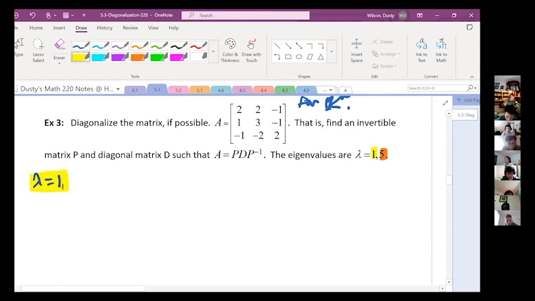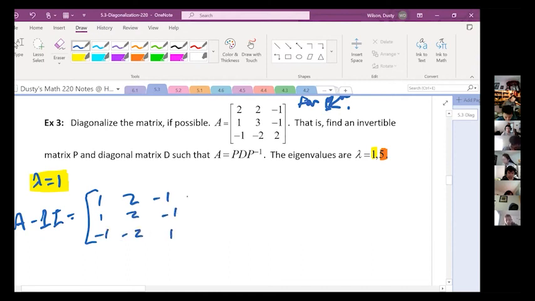We find A minus 1I, which would be 1, 2, minus 1; 1, 2, minus 1; minus 1, minus 2, 1. What are we changing? We're subtracting 1 from each of those diagonal entries. And then we can row reduce.